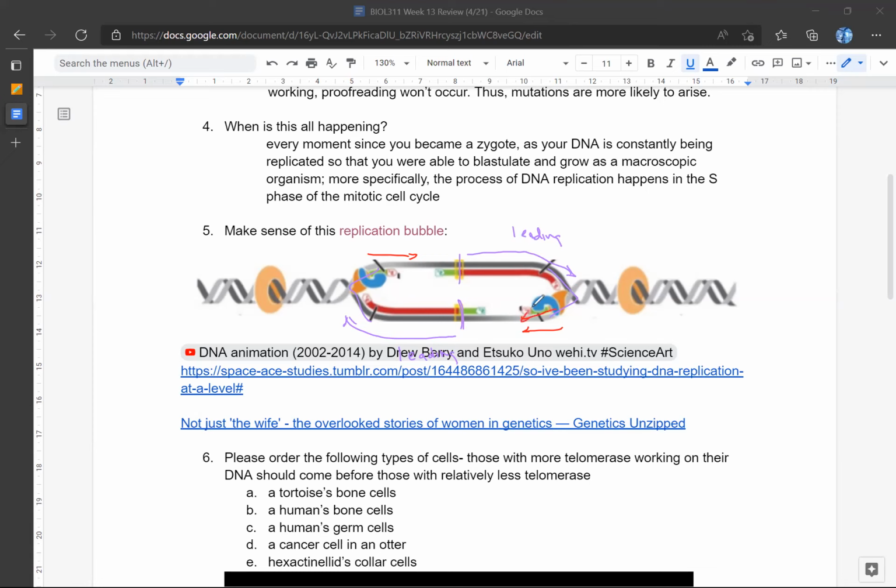Exactly. It's being built from the fork toward the origin because it's only built from the 5 to 3 prime end. And we know that our complementary strand has its 5 prime end on the, I guess you can't use left and right, so I'm not going to try to confuse you. But yeah, just like you said.